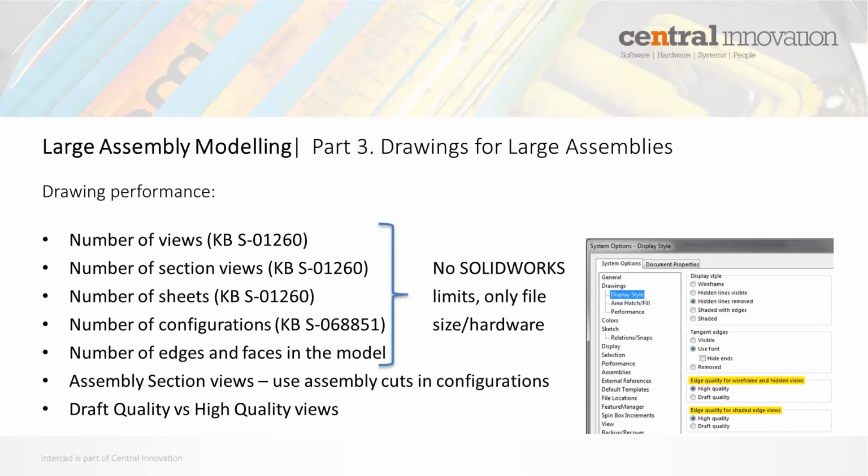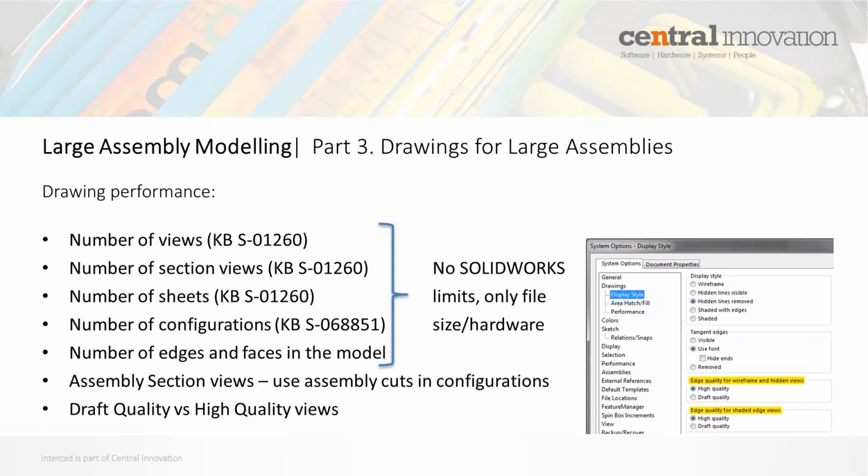The number of drawing views, the number of section views, and the number of sheets you have on a drawing are all going to affect its performance. SOLIDWORKS doesn't have any specific limits. It's really related to the file size and the hardware, but my experience tells me that specifically for number of sheets, it's probably better to have less than more.